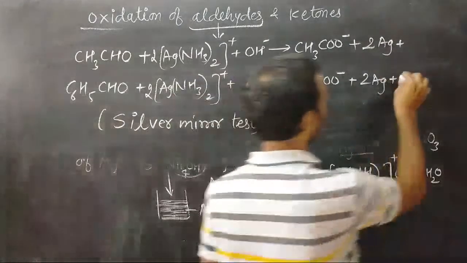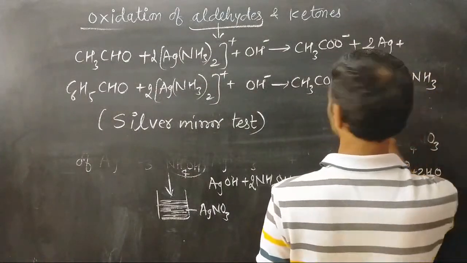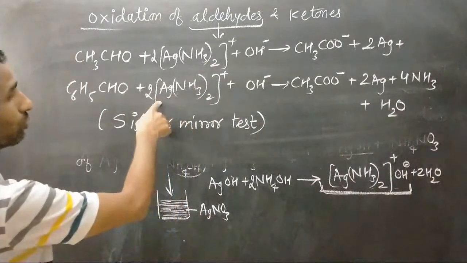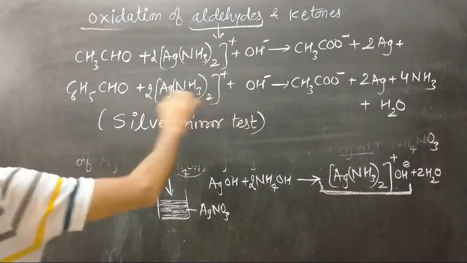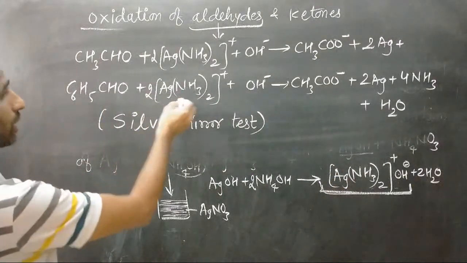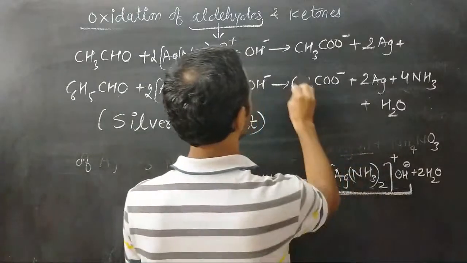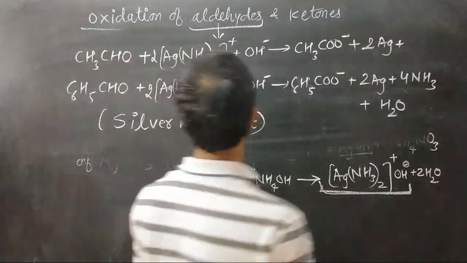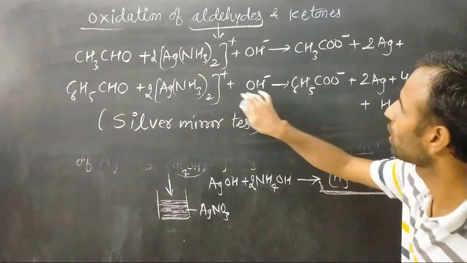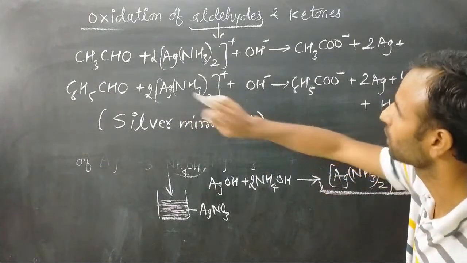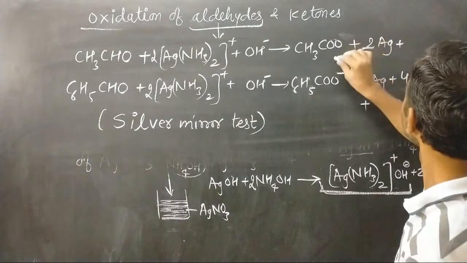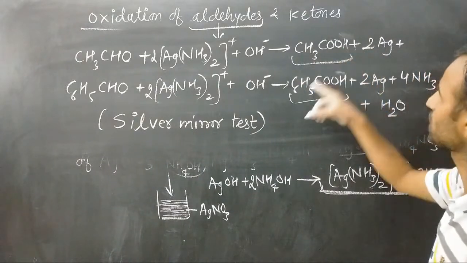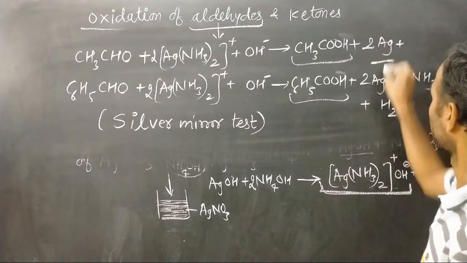Along with 4NH3 and H2O. For the aromatic case, C6H5CHO gives C6H5COO negative, but because all the OH negative ions are used, it becomes C6H5COOH. So we get acetic acid or benzoic acid along with silver.